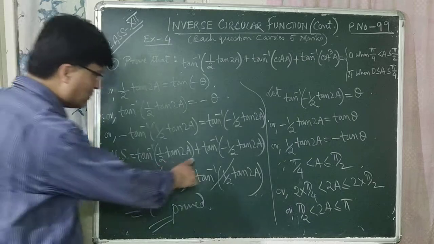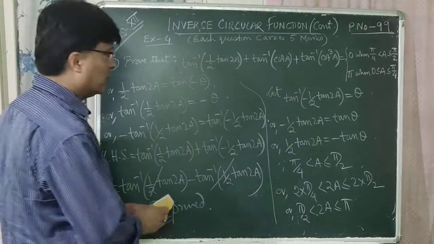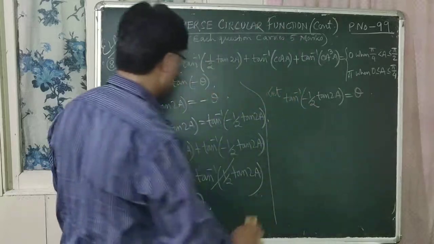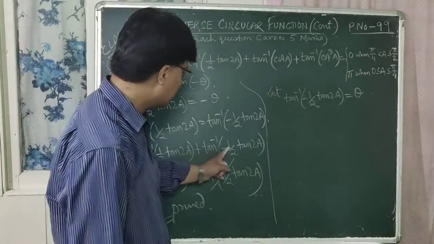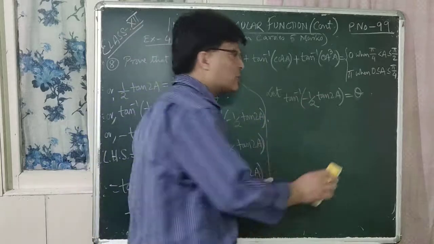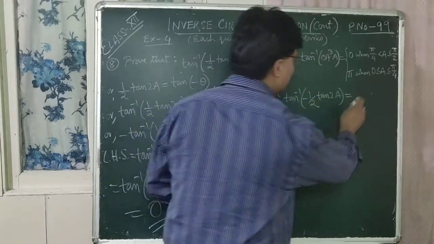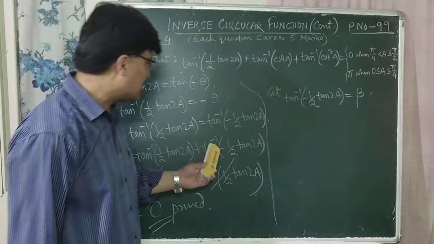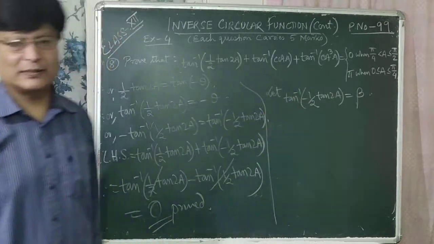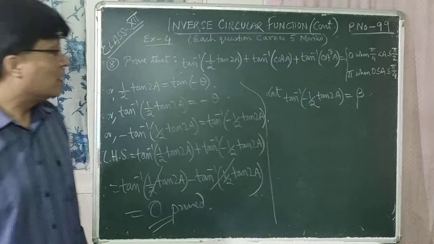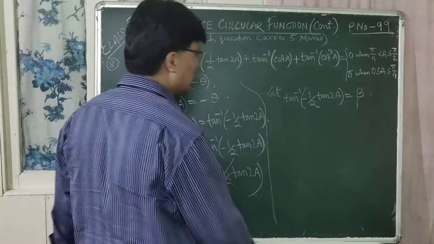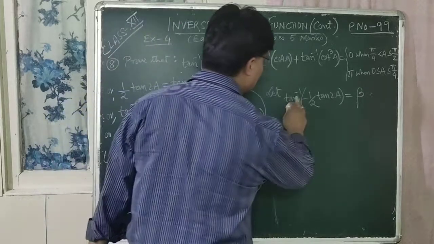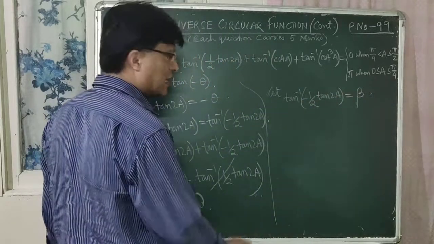Here also, let us simplify this second term now. Let us write this second term, tan inverse minus half tan 2a, as beta, not theta. Now let us take this tan inverse to the right hand side.